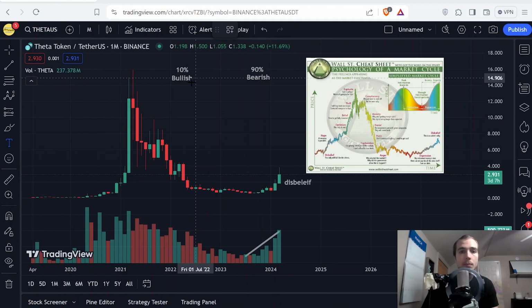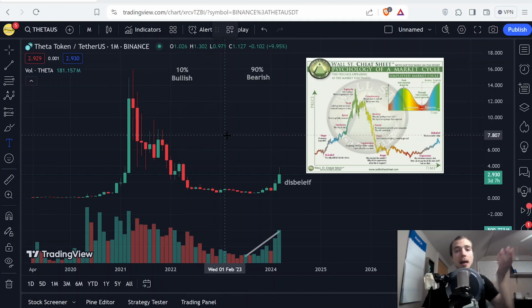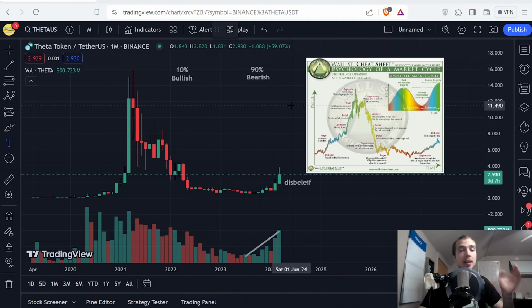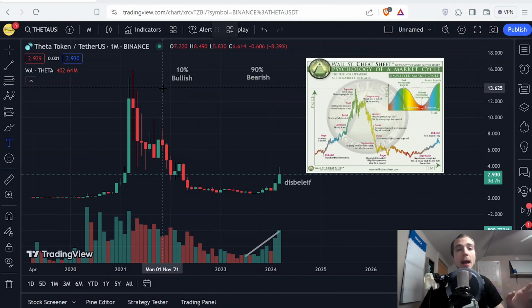So, because of the fact that most people make the wrong choice when it comes to investing, the market cycle helps us as investors become that 10%, right? That very small percentage of investors that are doing the right thing at the right time.